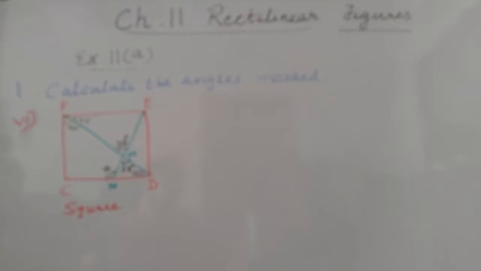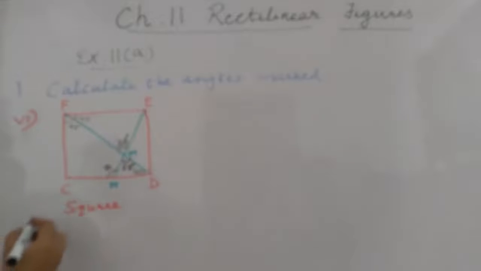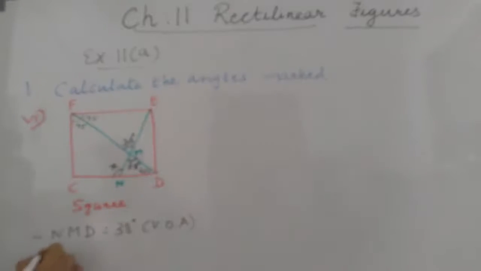So now let us start our solution here. For that I write first of all angle NMD is equal to 38 degrees, VOA, which means vertically opposite angle. Then I write here about the square property, that angle F is equal to angle D is equal to 90 degrees.